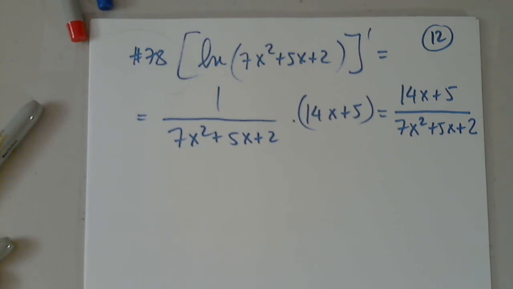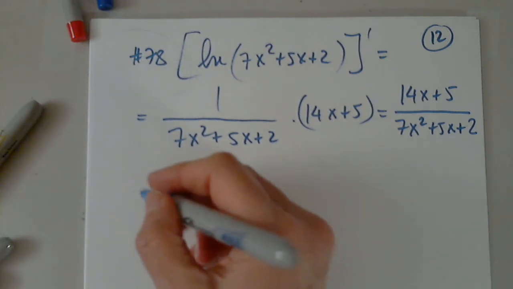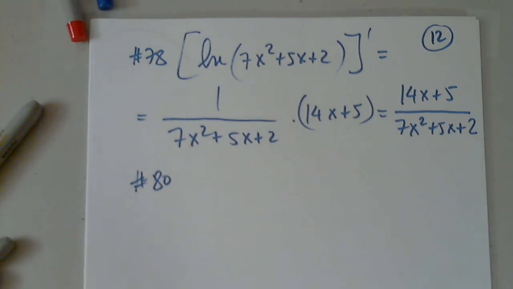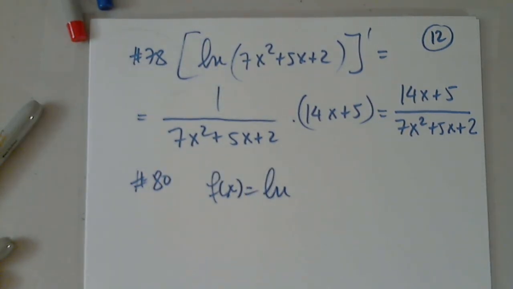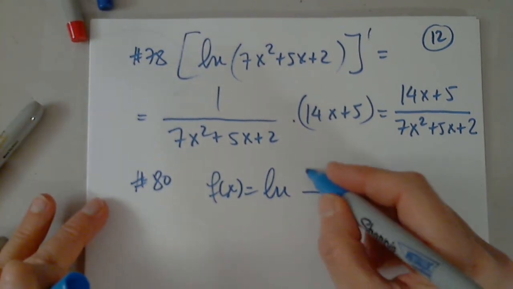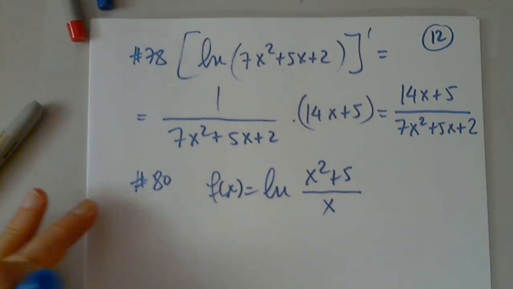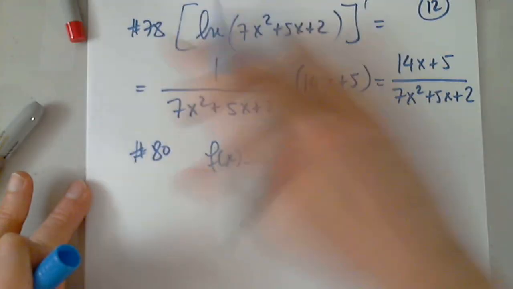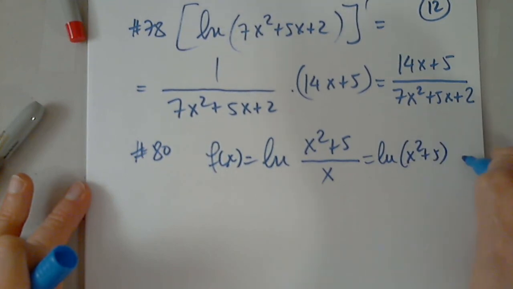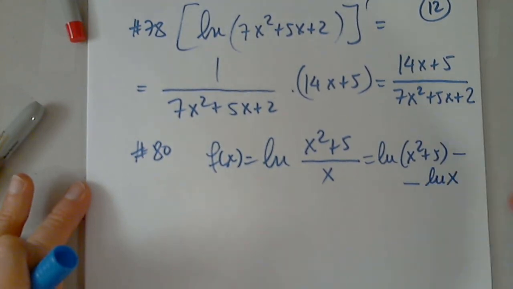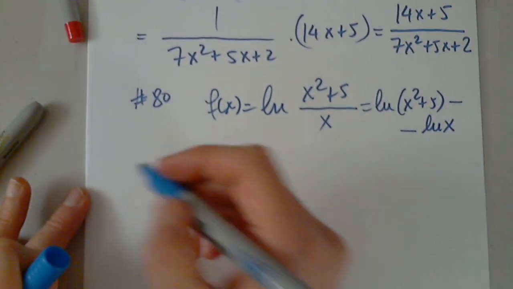Let's also look at 80. 80 is another function f of x, which is a natural log applied to a ratio. I would recommend, even for this one, changing it into natural log of x squared plus 5 minus natural log x before we differentiate.